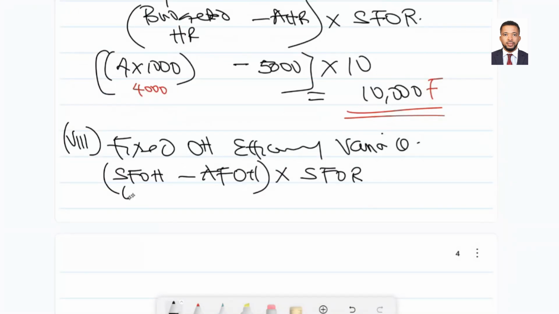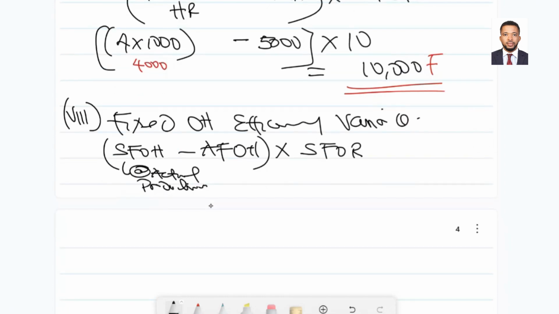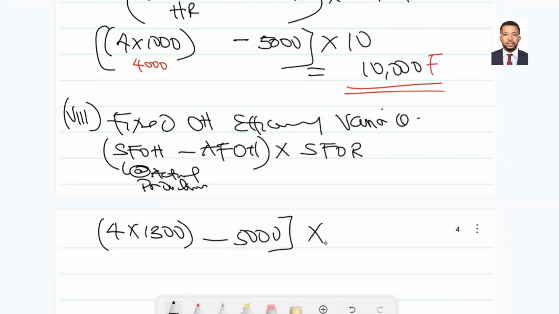When you see standard, it must be at actual production. What's the standard hour for fixed production? 4, multiplied by actual production, 1,300, minus actual fixed overhead hour, 5,000, multiplied by the standard 10.